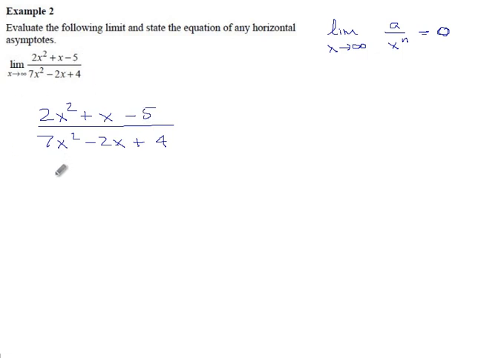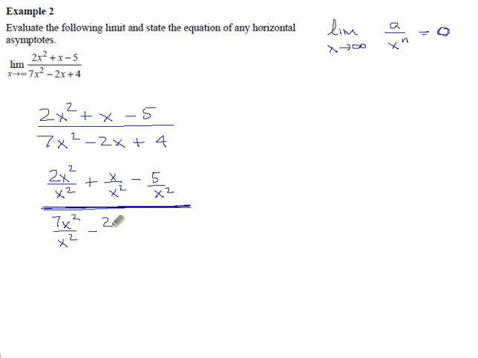So in the numerator, I'm going to go 2x squared divided by x squared plus x divided by x squared minus 5 divided by x squared, all over, and if I divided the whole numerator by x squared, I must do the same thing in the denominator: 7x squared divided by x squared minus 2x divided by x squared plus 4 divided by x squared.